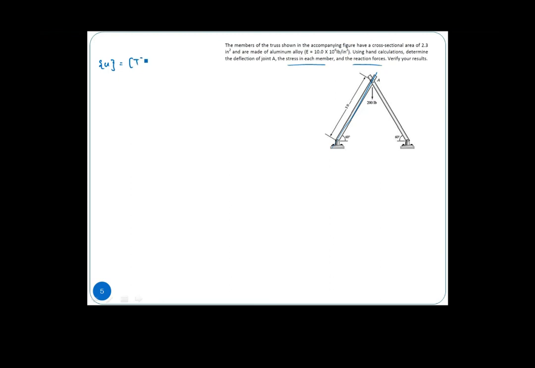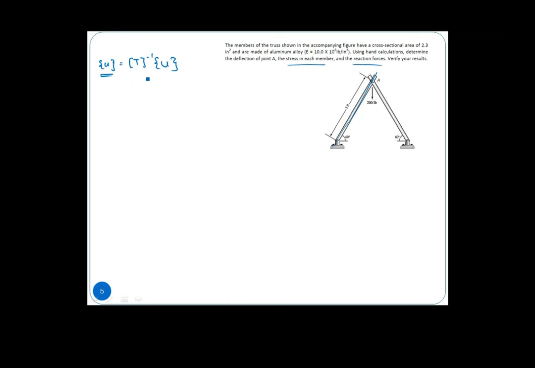So now if we find the inverse transformation matrix multiplied with our global deformations, then basically it gives us our local deformations, right?